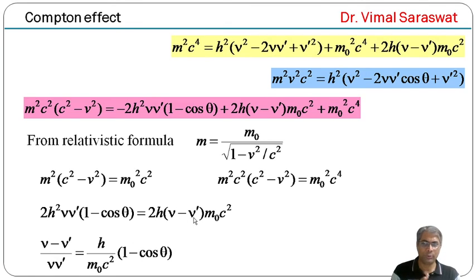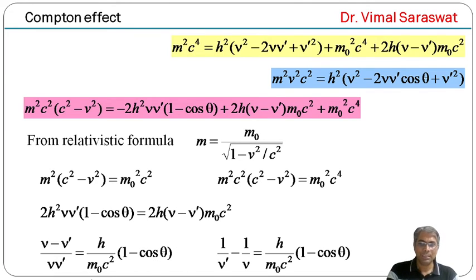So (ν minus ν') upon νν' is equal to h upon m₀c² (1 minus cosθ). So we transfer ν' from here to here, and m₀c² from here to here. So we get this equation.